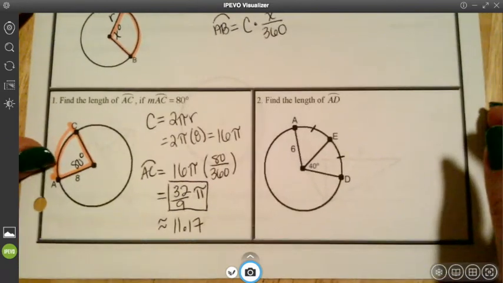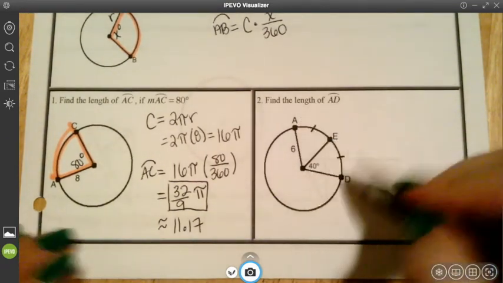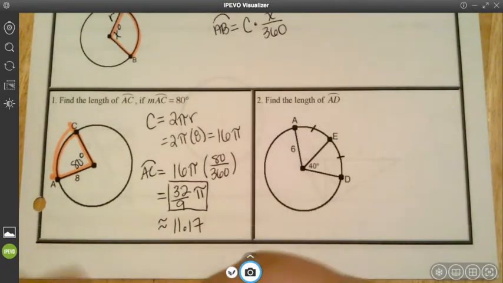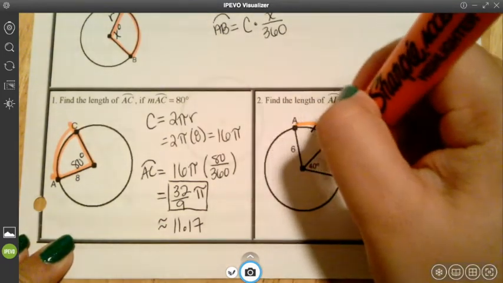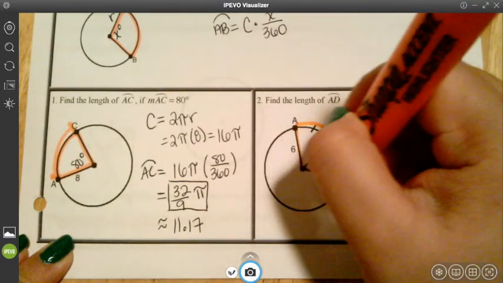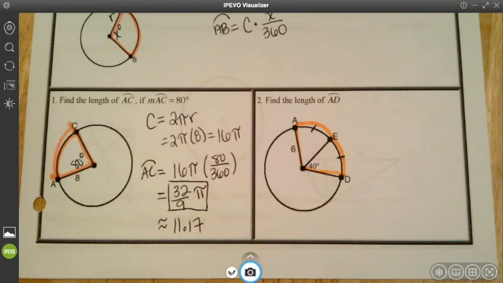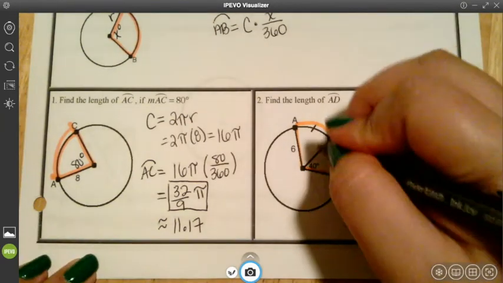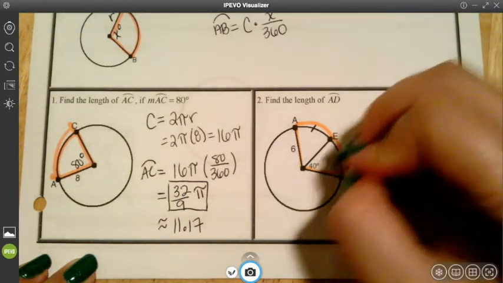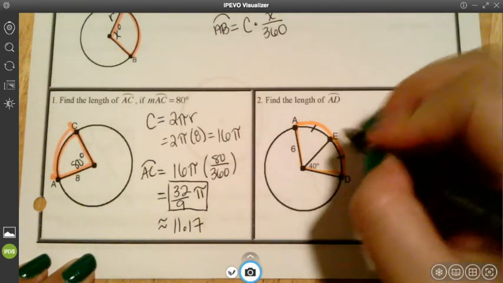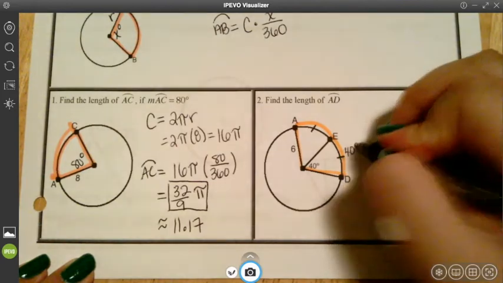In the next example, we're looking at finding arc AD. So be careful. Don't find just the first arc length that you can. I need to find the orange angle in order to find that orange arc length. So I know that these two arcs are congruent. Arc ED has a central angle of 40 degrees.